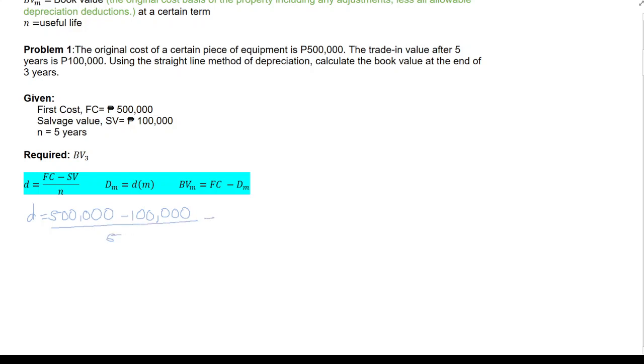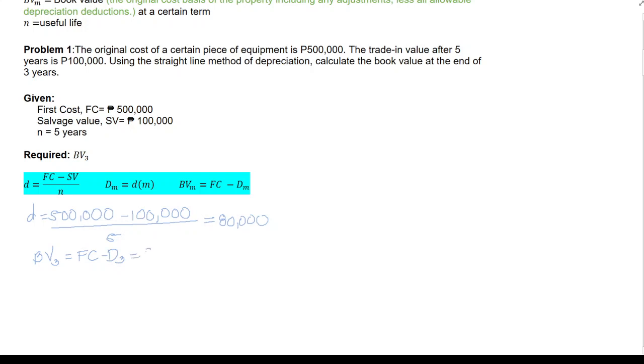The depreciation there is equal to 80,000. For the book value, which is the requirement, the book value after 3 years is equal to the first cost minus the depreciation at the third year.